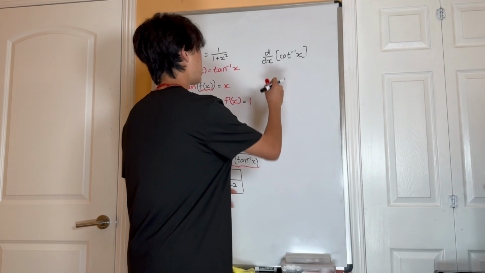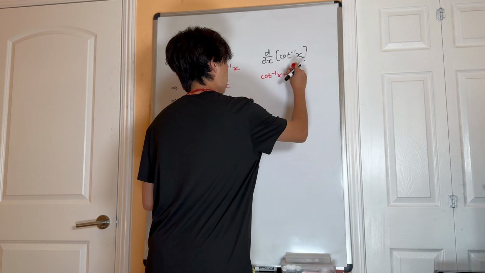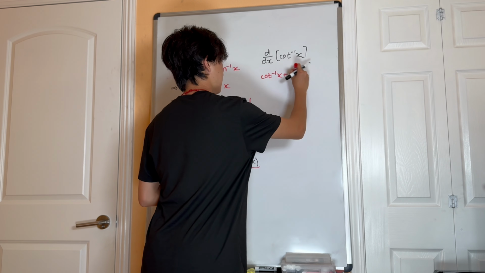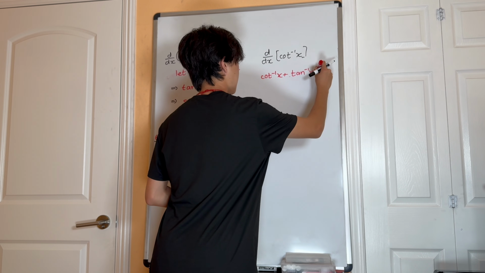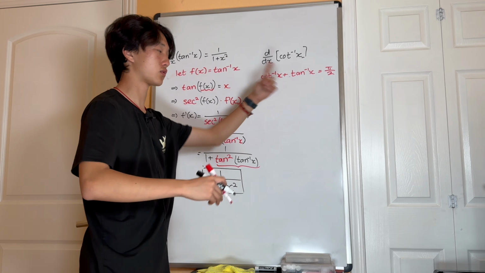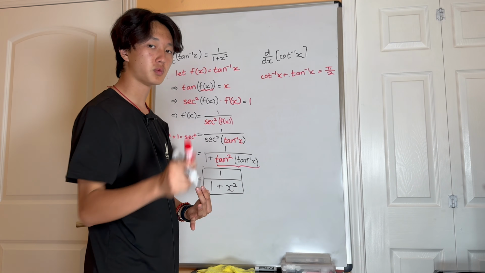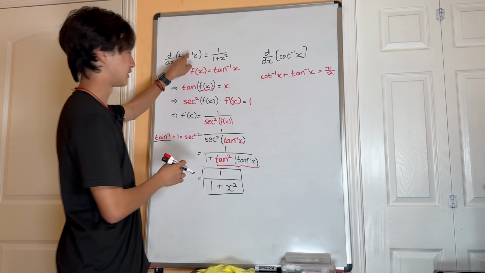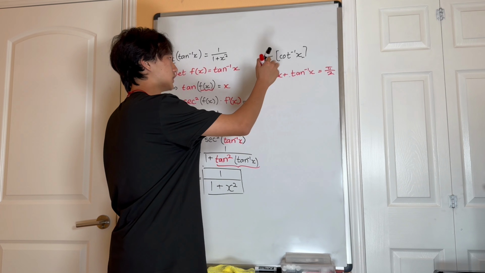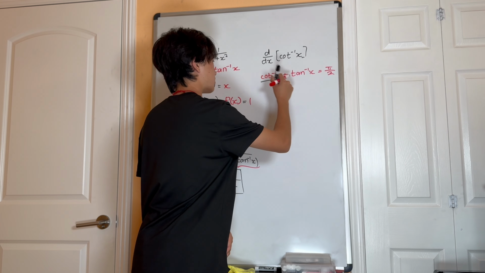Basically, I showed you in the last video that if you took two inverse cofunctions, inverse cotangent plus inverse tangent, and added them up, you would get pi over 2. This works for inverse sine, inverse cosine, inverse cotangent, inverse tangent, inverse cosecant, and inverse secant. I showed you why in the video where I differentiated inverse sine, so I'm just going to take this for granted right here.